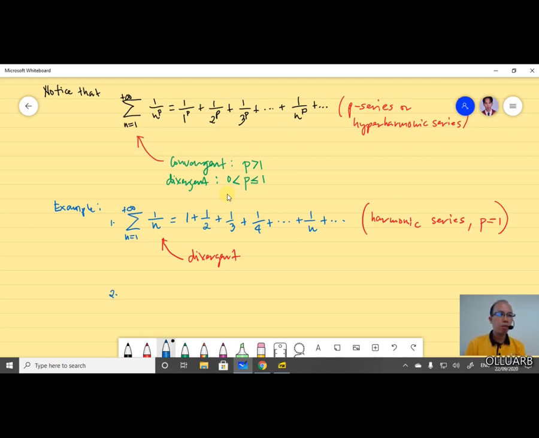Another example, number 2: we have the summation of 1 over n cubed, where n starts from 1 to positive infinity.